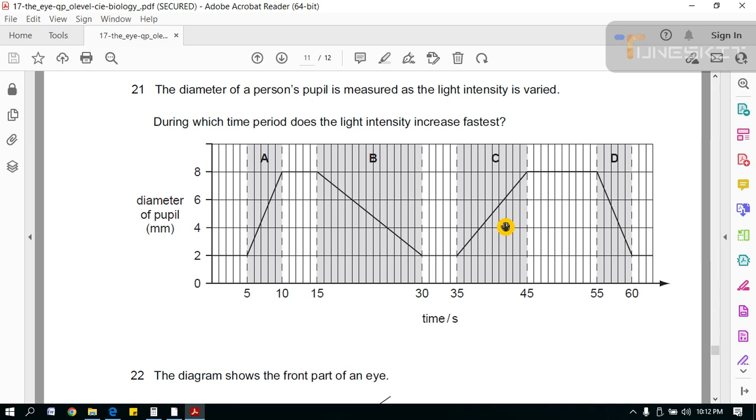But if we compare B and D again, we will observe the fastest decline in the diameter of the pupil in case of D, not in B. B line is a little bit flat as compared to D. The declining line in case of D is more sharp. So we will see option D is correct in this case.